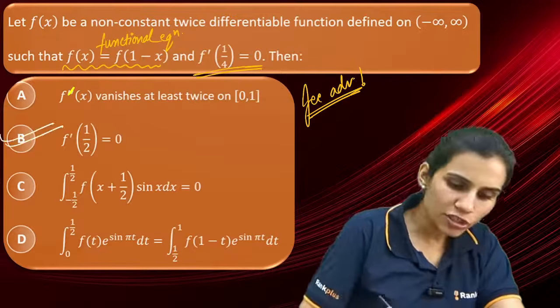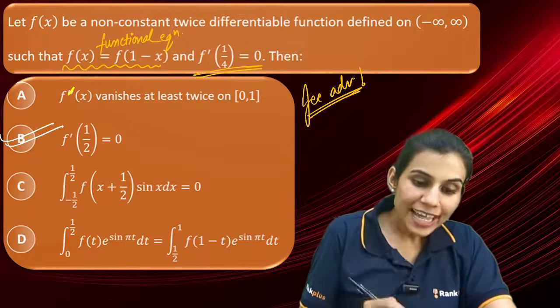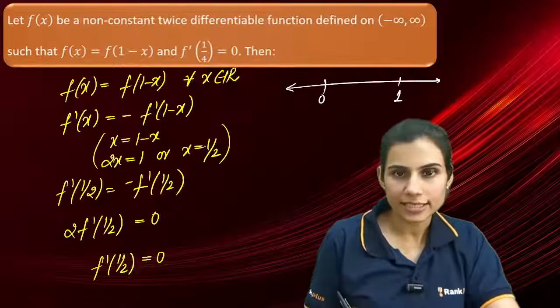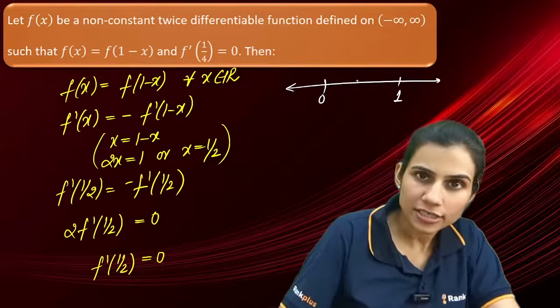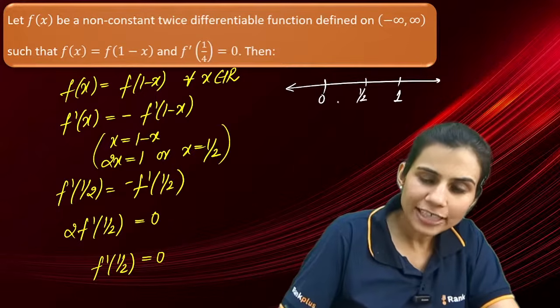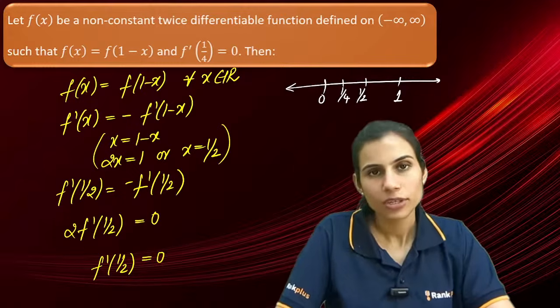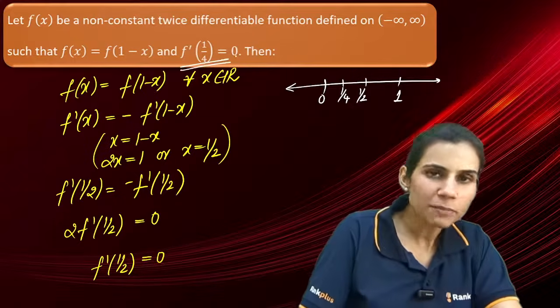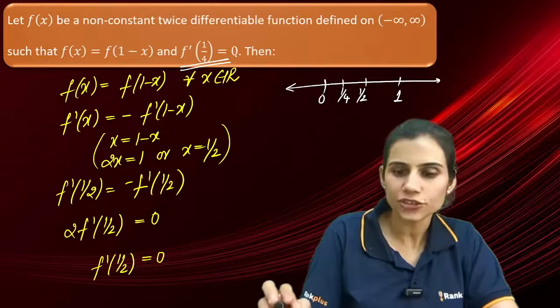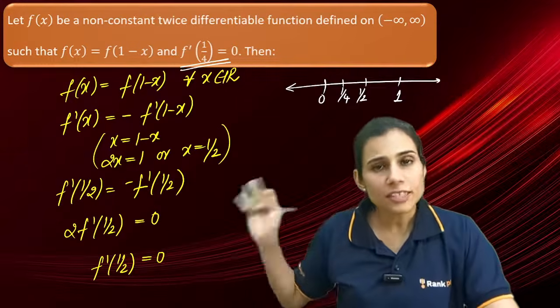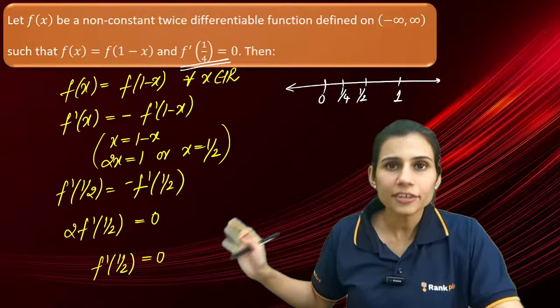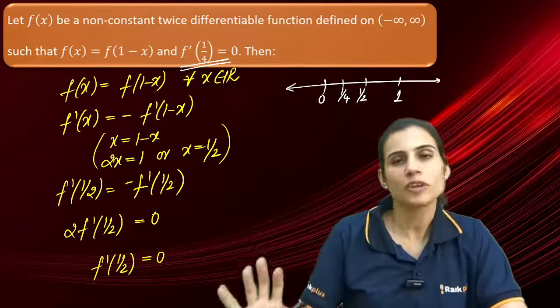Now please understand, the question talked about this interval 0 to 1 and the option said f dash half is 0, which is true. f dash vanishes at least twice. At half it vanishes. At 1 by 4 also it vanishes. It's given in the question that at 1 by 4 f dash surely vanishes, and I have found out using this very standard method that at half also f dash vanishes.